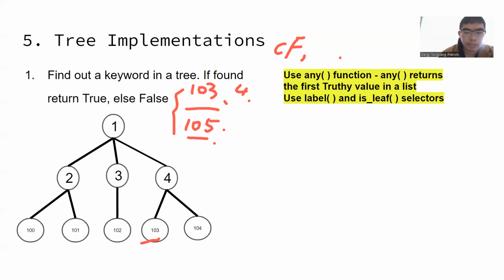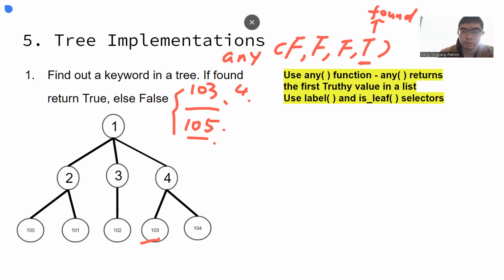So we use any: if we find any true, it means we actually found it. We just want this true, which shows that we found it. So that is more reasonable.